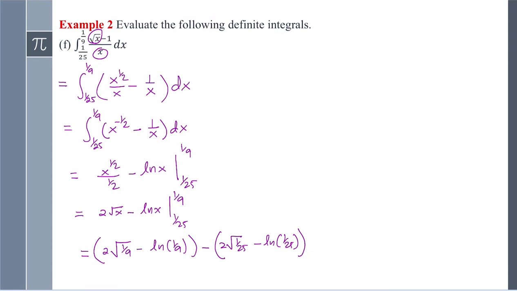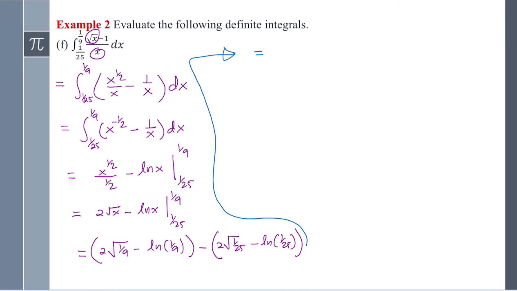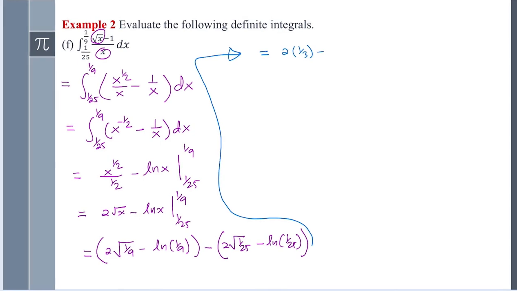Okay, so this equals, the first one is 2 times square root of 1/9, which is 2 times 1/3, minus, so you have learned in algebra that log base a of x over y can be written as log base a of x minus log base a of y.